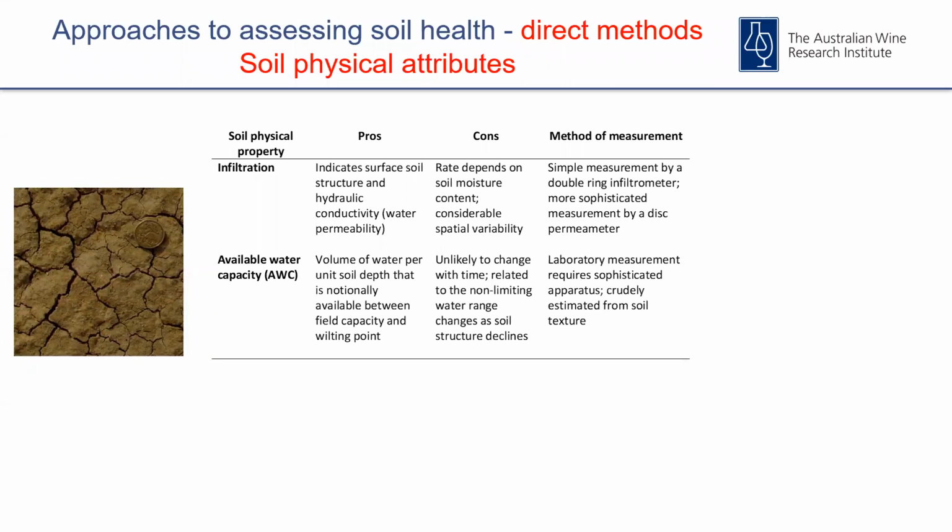And this gives you the plant available water. So even for soils that have the same available water capacity, if you've got very different rooting depths, you can get very different plant available water. That's just a small point to make.